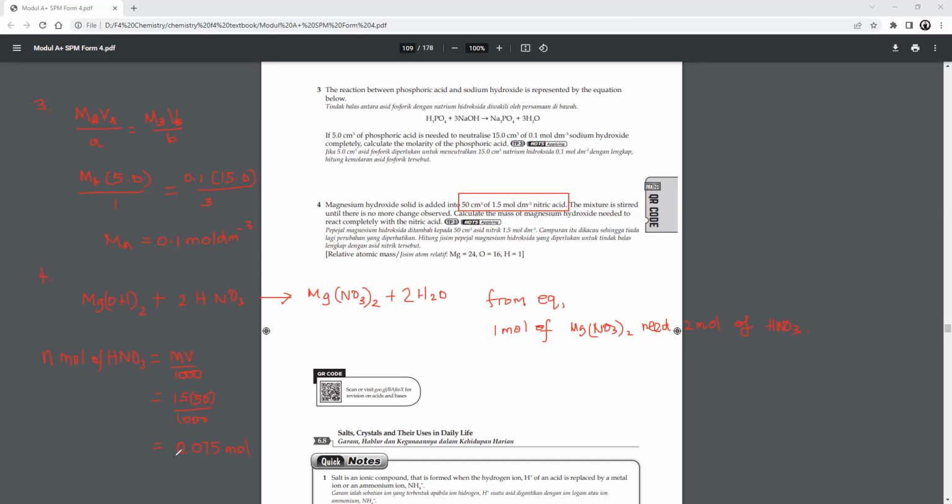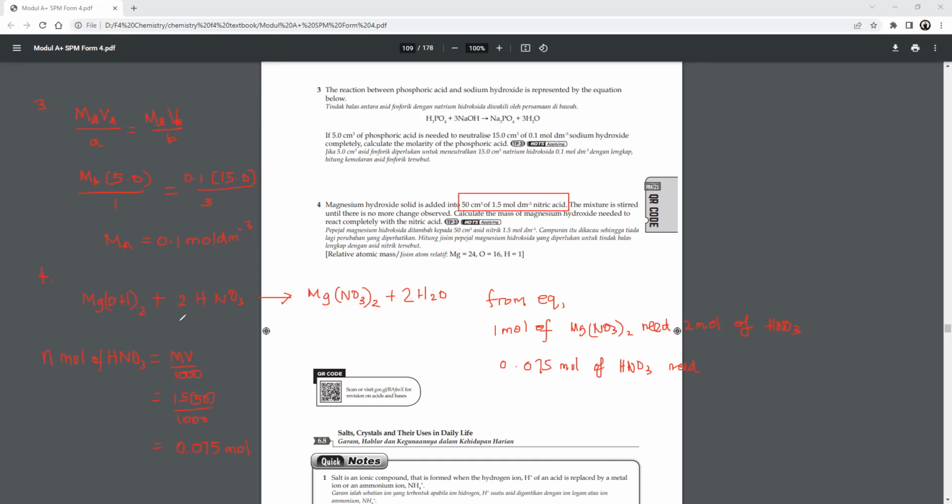So now I got this one. 0.075 mole of HNO3 needs how many moles of MgOH2? Answer me. How many moles? So divided by 2, right? Because this one 1, this one 2, right?